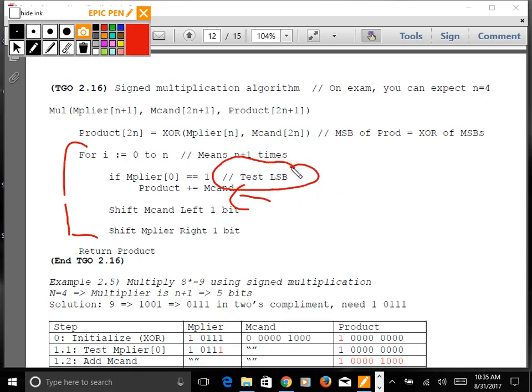That's our testing of the least significant bit, the same thing as earlier on. Then we shift the multiplicand left 1 bit like we did in the diagram, and shift the multiplier right 1 bit like we did in the diagram. And at the end, we return the product.